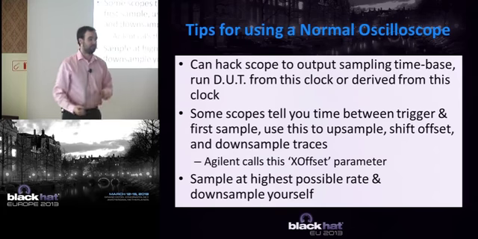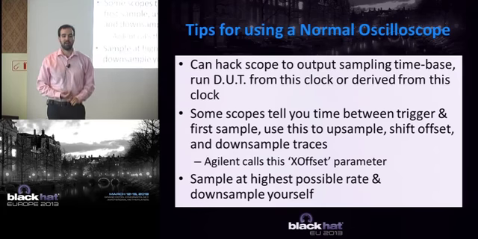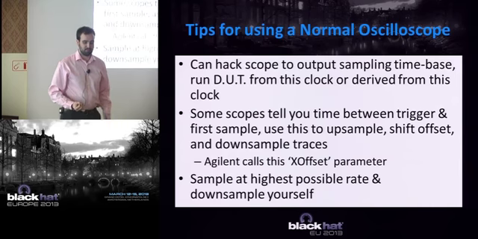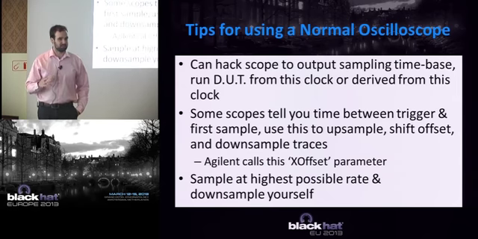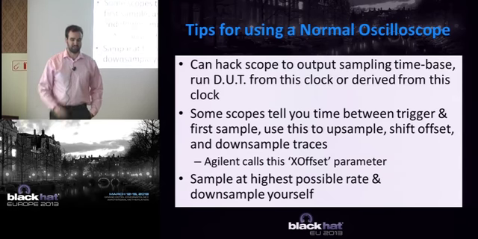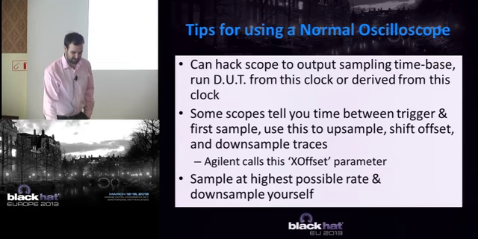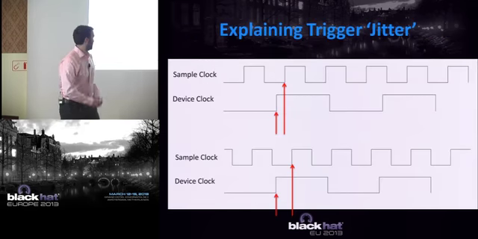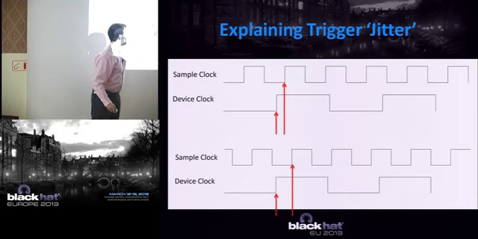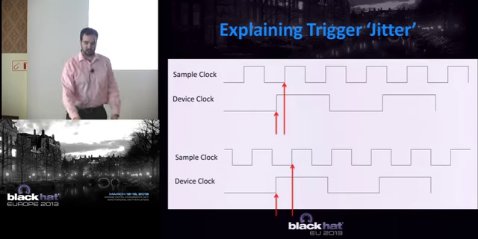So a question might be, if you do have a normal scope that you want to use, what can you do? There's a few things. You can hack some of them to actually get at the sample clock, which, depending on how expensive your scope is, you may not want to do because it could damage it greatly. Many scopes will actually tell you, even though this happens, what this time distance is with fairly high resolution.